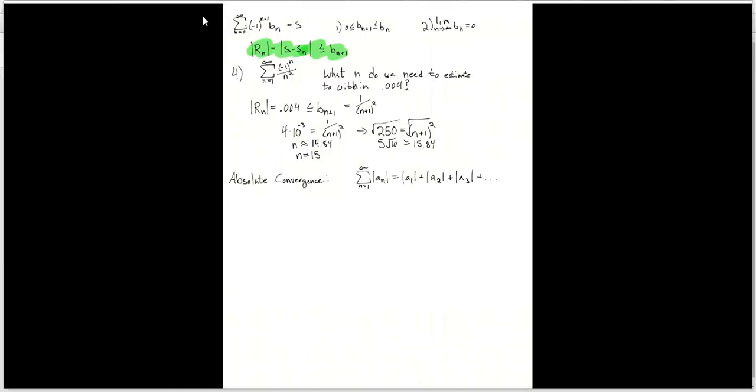Now, if this sum is convergent, then the sum without absolutes, so just the sum of a_n, is absolutely convergent.